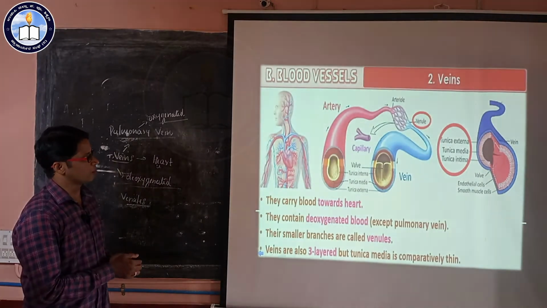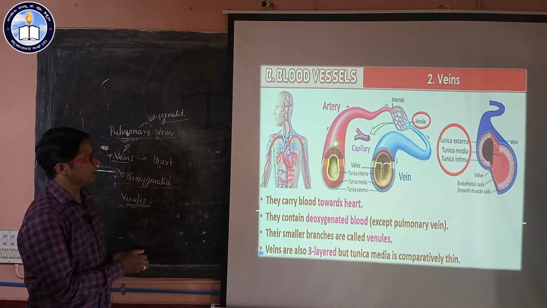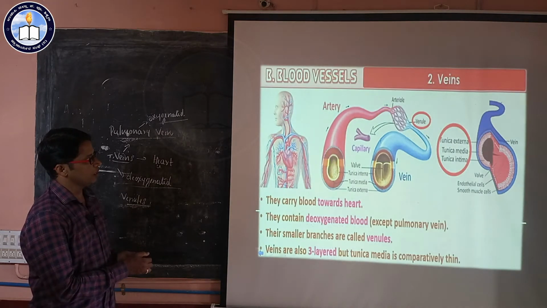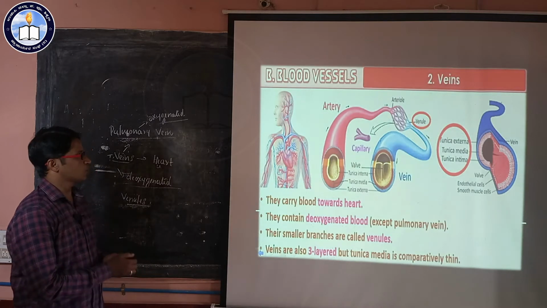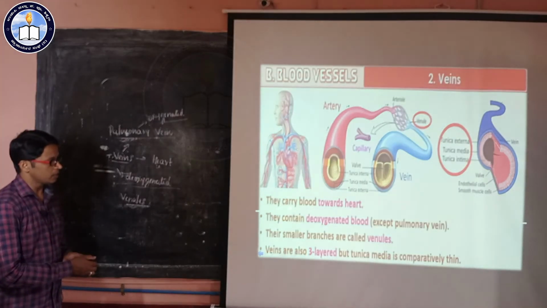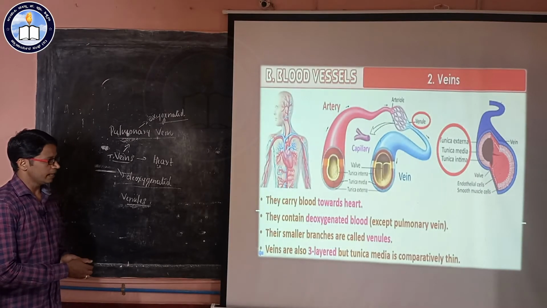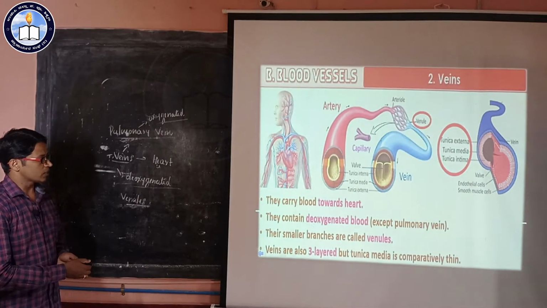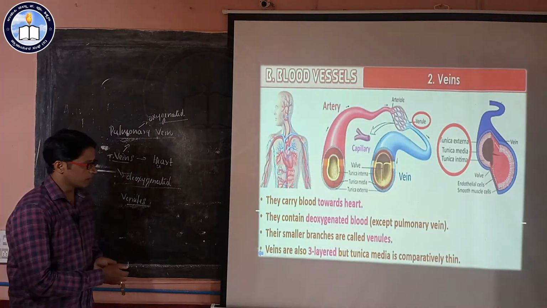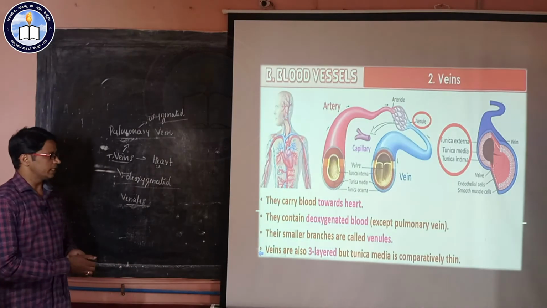So this is about the vein. This is the artery branched into arterioles, and this is the vein branched into venules. Veins carry blood towards the heart, with the exception of the pulmonary vein, which carries oxygenated blood.